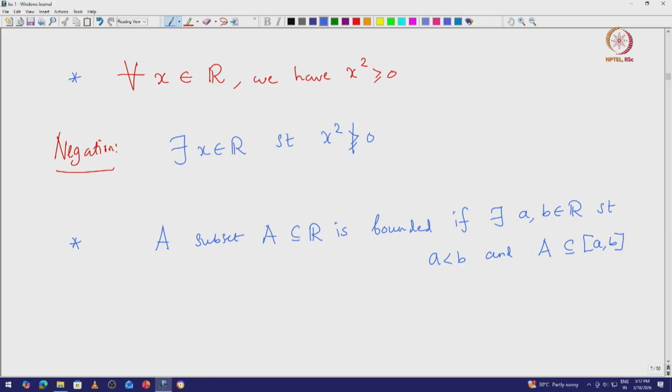This is indeed a very valid mathematical statement. Basically we are defining what boundedness is.